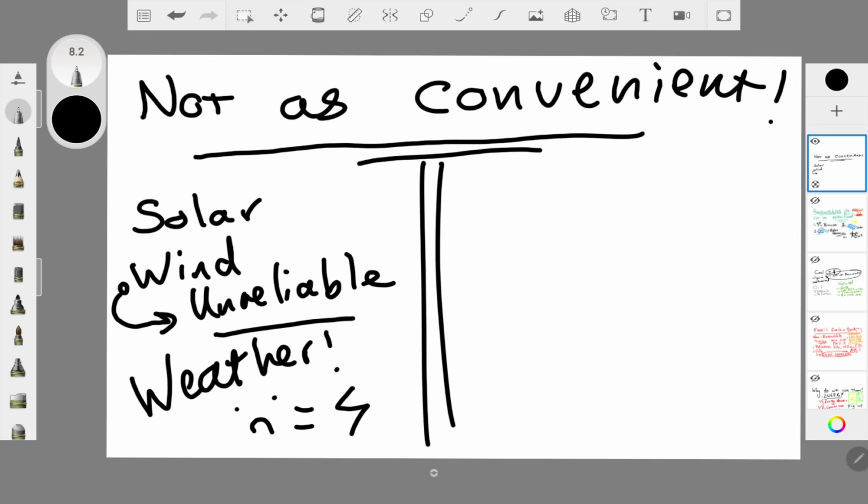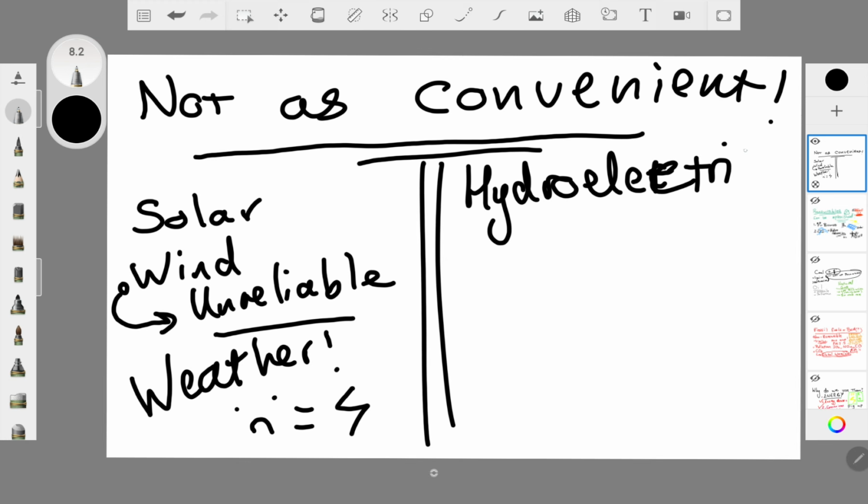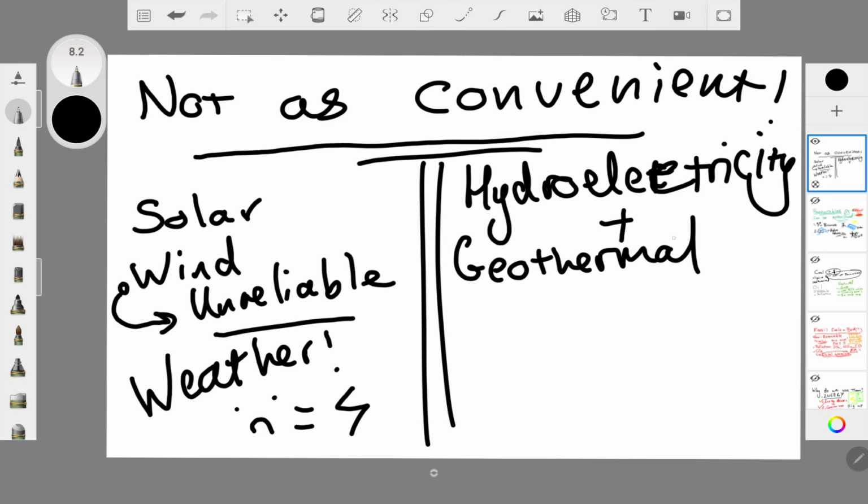On the flip side, hydroelectricity. Can't spell. Hydroelectricity and let's say geothermal. Okay? These are very reliable.